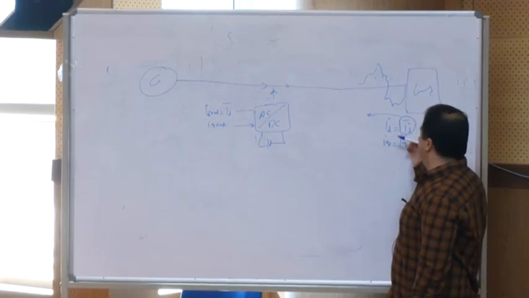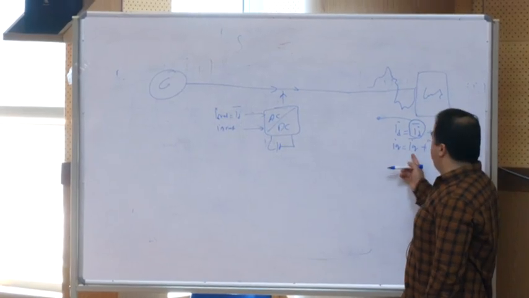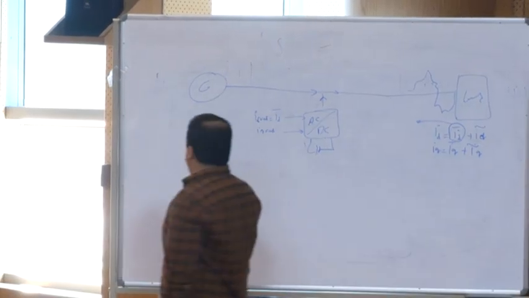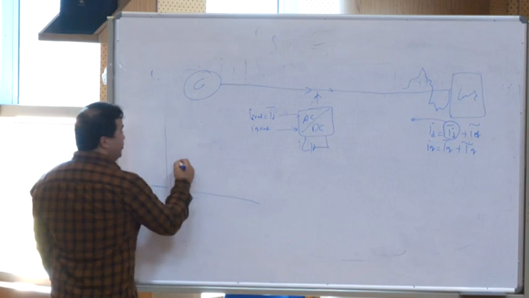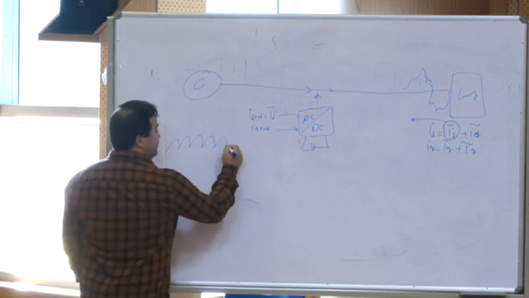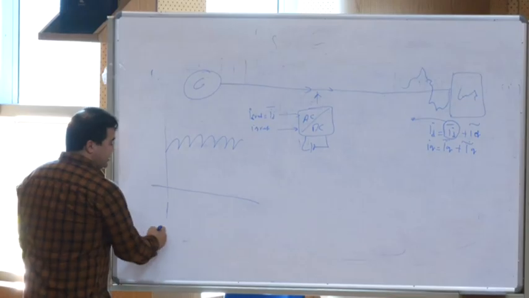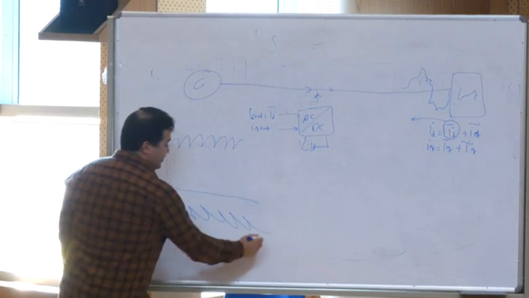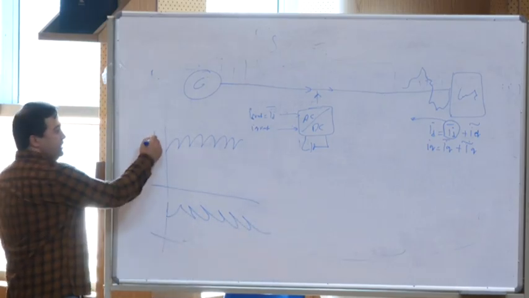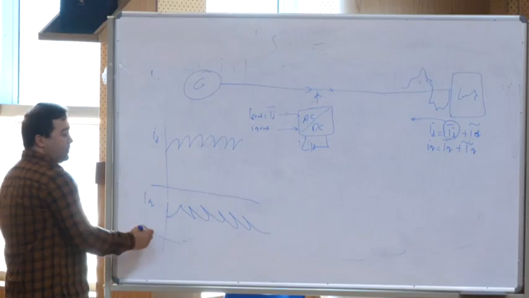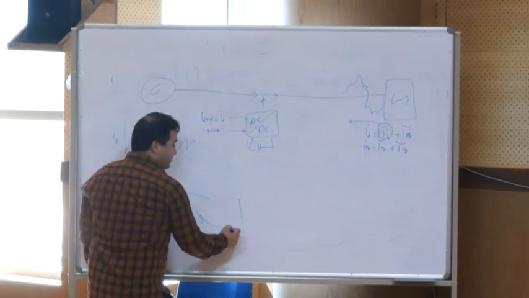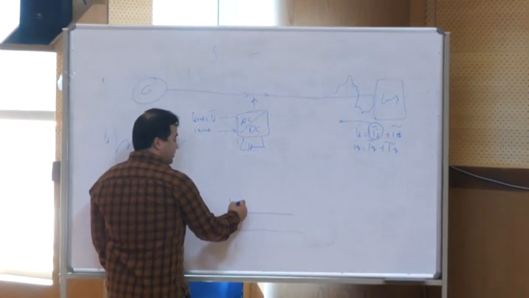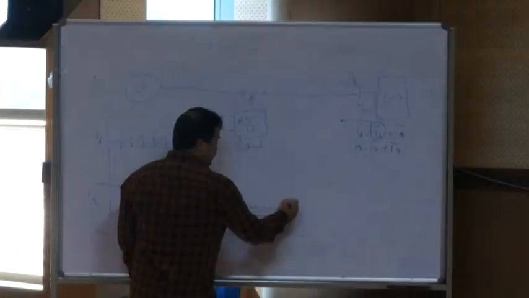ID, fundamental frequency plus ID harmonic. IQ, fundamental frequency plus IQ harmonic. So if you draw the current ID and IQ, ID can be like this, IQ can be like this. Okay? So this is ID, IQ. And then when we split this one, this can be like ID and IQ, like this.